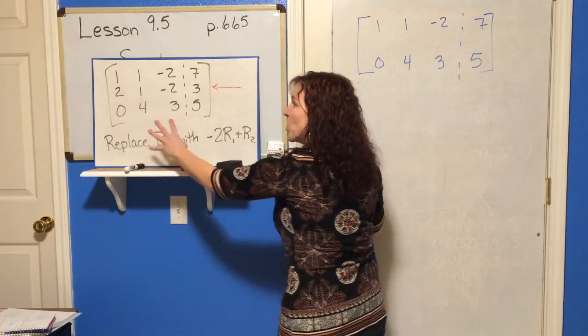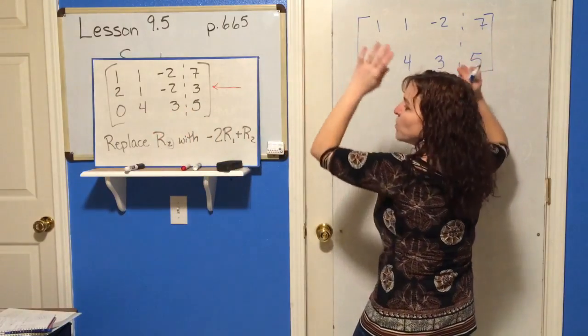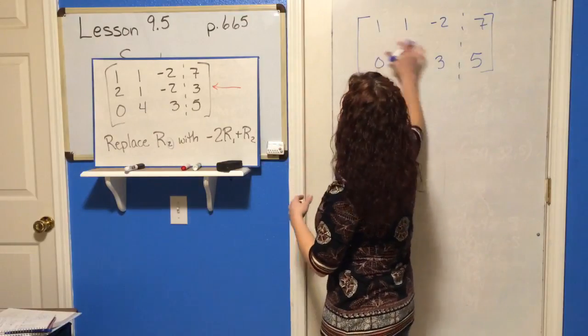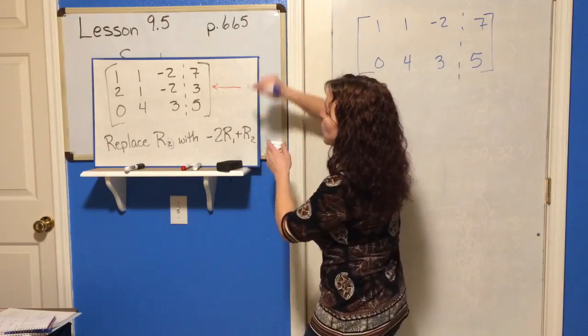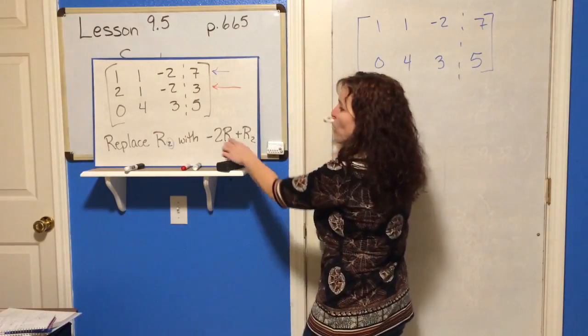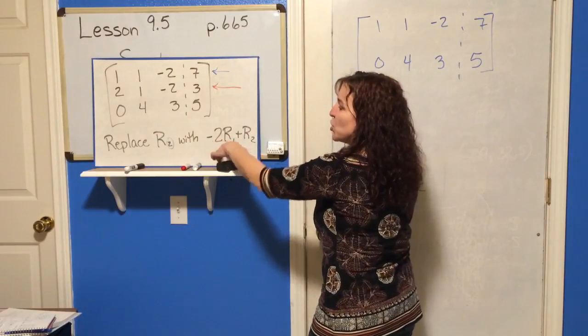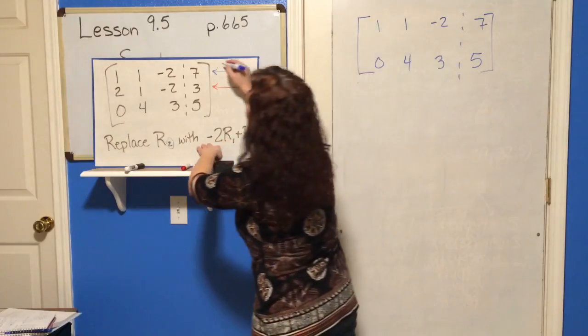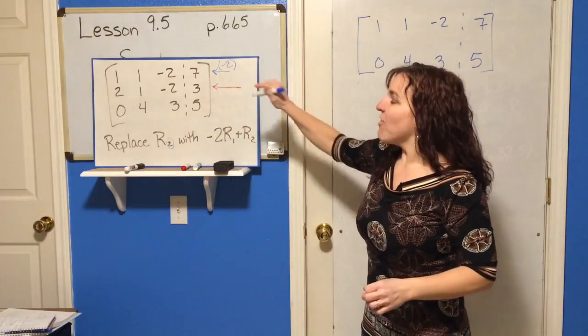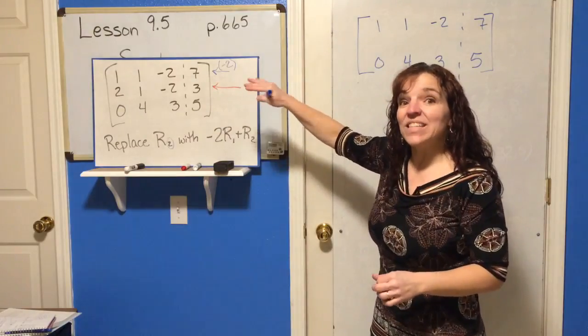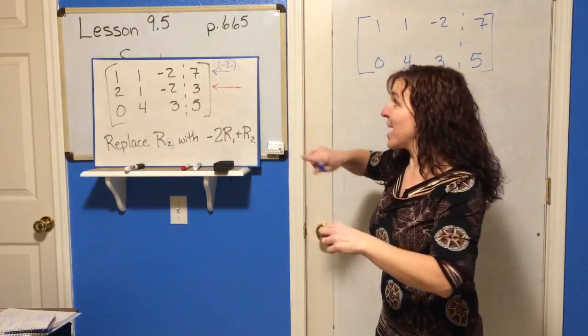All right? Once you know this is what I want, what you're going to put there is what you get when you take row 1, which is this one, row 1 times -2. Now, if you're going to multiply this by -2, that means you're going to multiply every part of what's in that row of that matrix by -2.